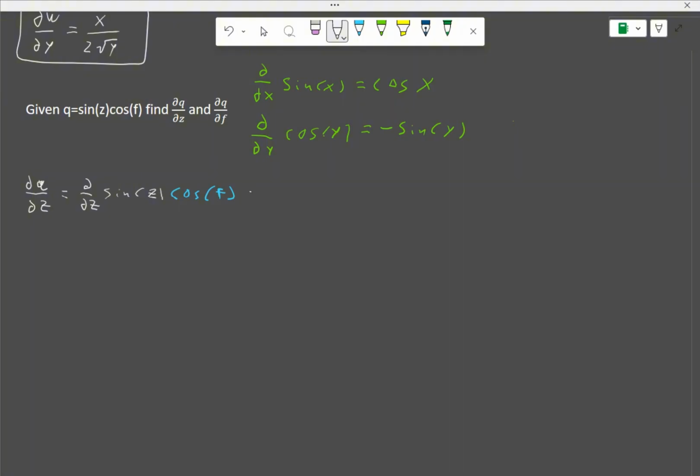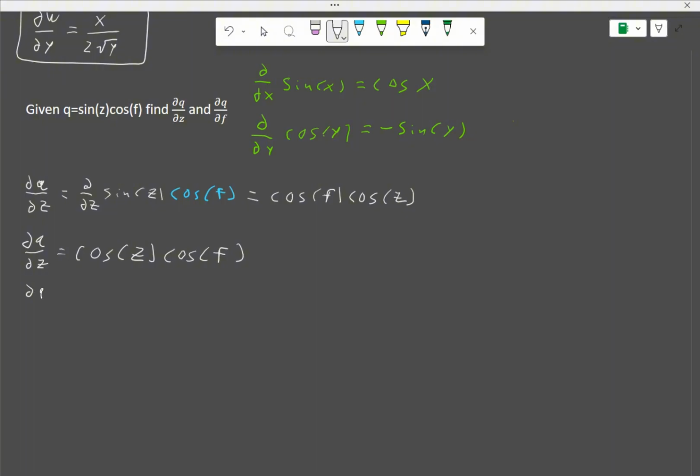So taking that cosine of f out and taking the derivative of z, we're left with the cosine of f times, sine goes to cosine when you take the derivative, so just cosine of z. So the derivative of the function q with respect to z is just equal to the cosine of z times the cosine of f.